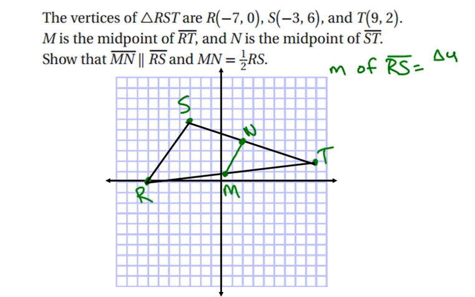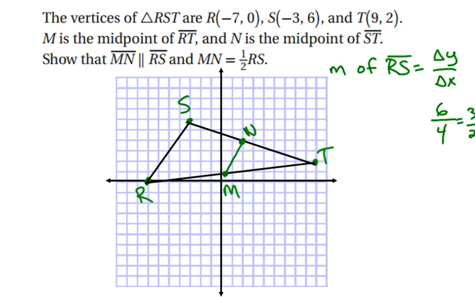So it's delta y over delta x, and you come up with that slope. So if we have R and S, we end up with 6 over 4, which is 3/2. I did that right, just going through that quickly.